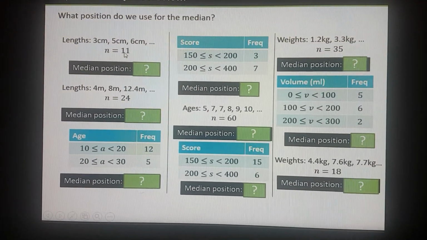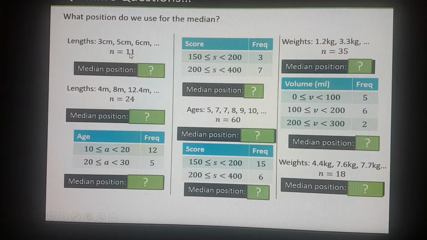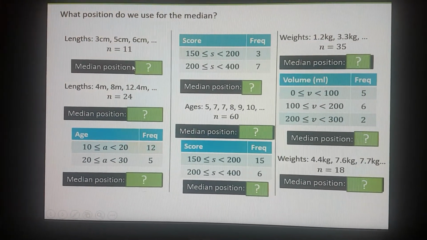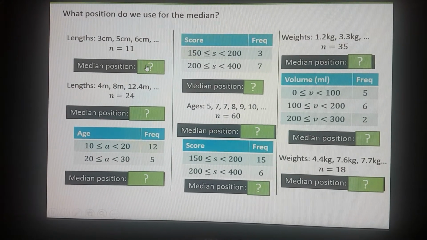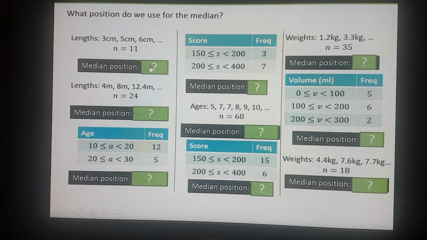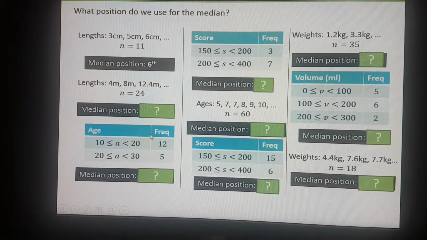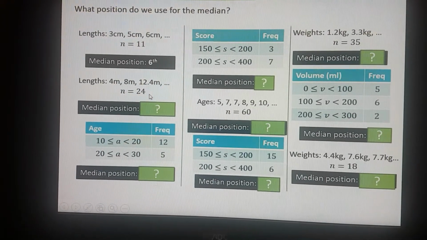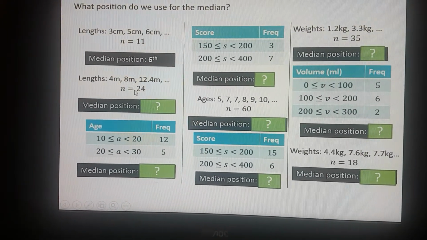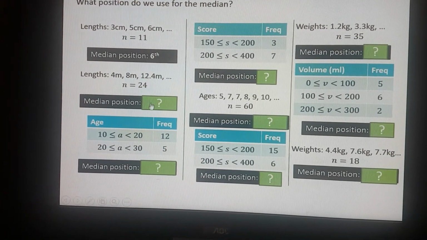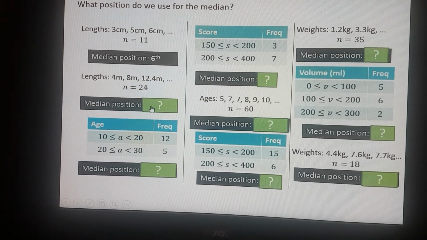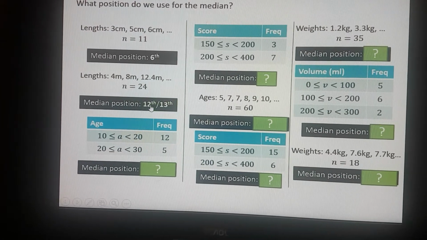So here what we do, we have n is 11, we divide by 2, which is 5.5. So if it's a decimal, we round it up, so the position is going to be 6. Here 24, we divide by 2 again, always we divide n by 2. It's 12, so it's a whole number, so it's going to be between 12 and 13.